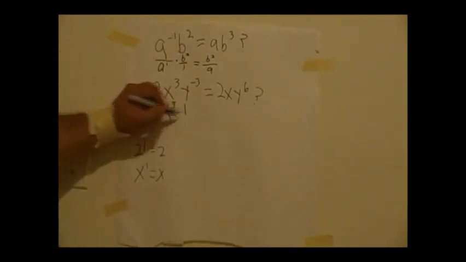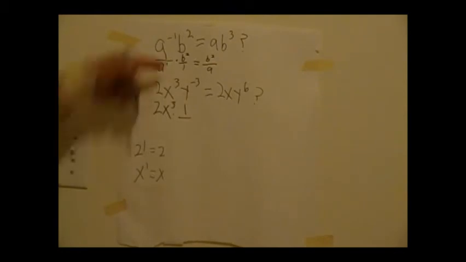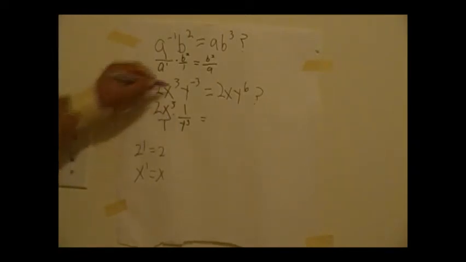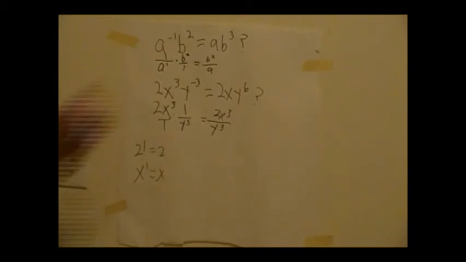So that's going to be 1 over y cubed, because we always rewrite a negative power into a positive power like that. All we're doing is multiplying fractions. So it's 2x cubed over 1. Multiply the numerators, that's 2x cubed over y cubed, okay?